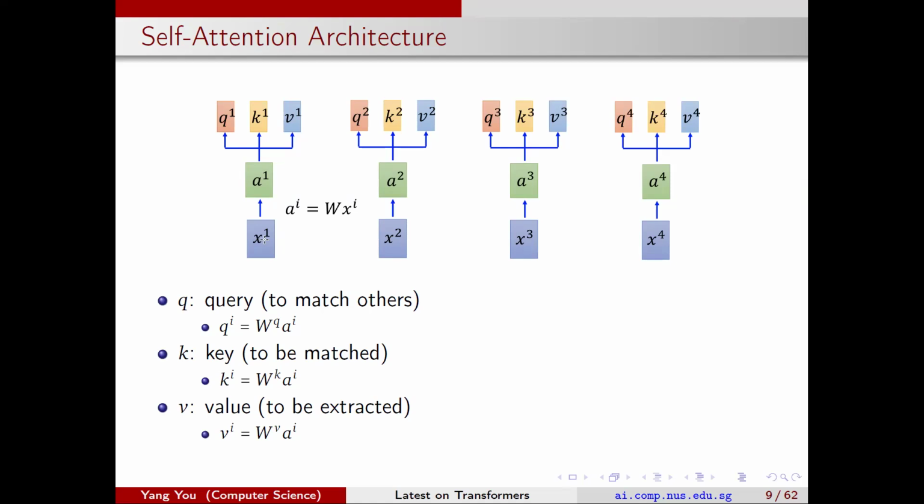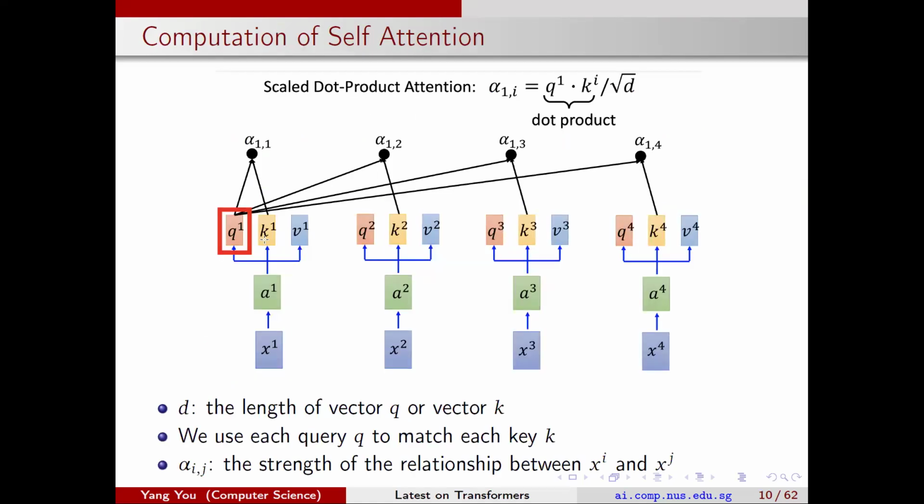Okay. So here we want to build a relationship between any two of the tokens. So x1, x2, x3, x4 are our inputs, right? And a1, a2, a3, a4 are sitting right here.